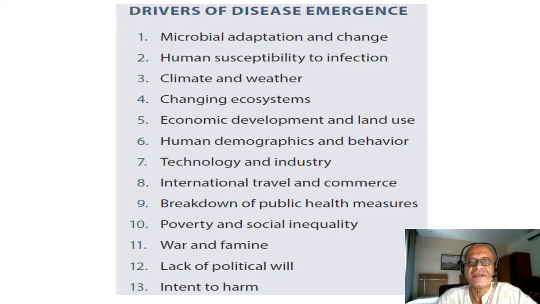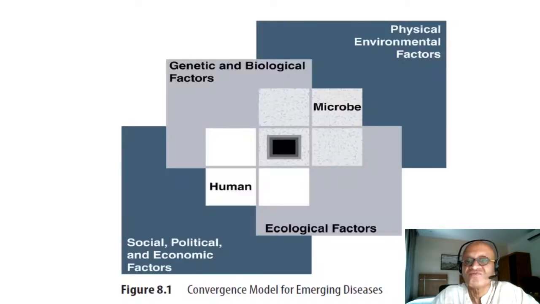Many of the COVID responses in several countries have been called into question about the political will to deal with the pandemic because of considerations for economic issues rather than health issues. Intent to harm, so it can be like bioterrorism, or just subjecting one particular section of the population to harm because of electoral or political considerations, and so on.